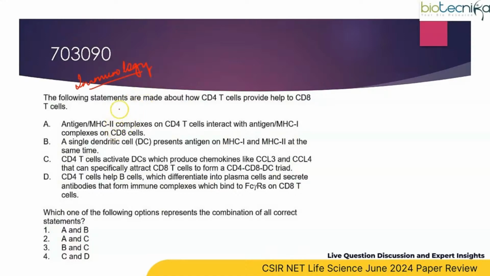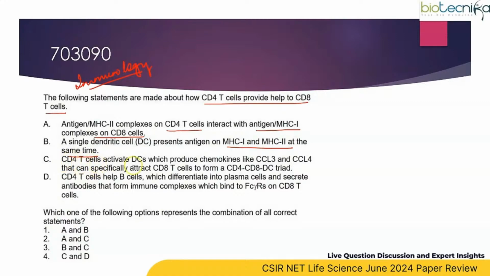So this is a part C question. Let us see. The following statements are made about how CD4 T cells provide help to CD8 T cells. A. Antigen MHC2 complexes on CD4 T cells interact with antigen MHC1 complexes on CD8 cells. B. A single dendritic cell presents antigen on MHC1 and MHC2 at the same time.